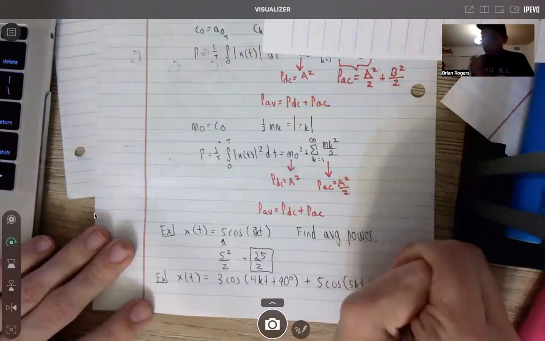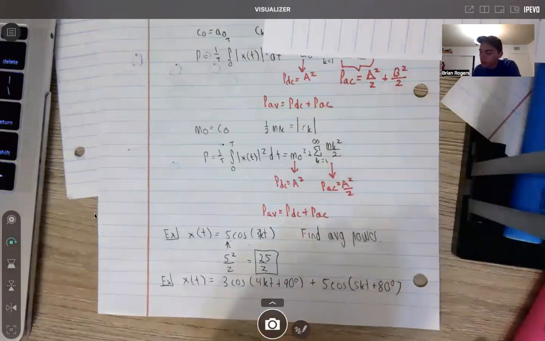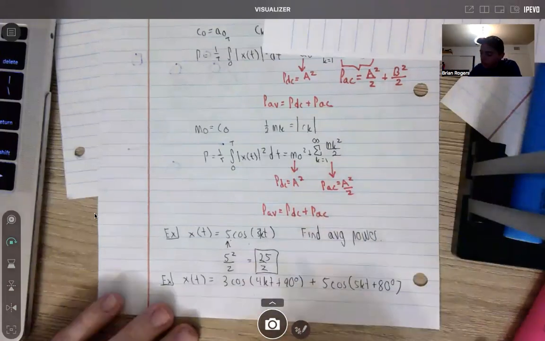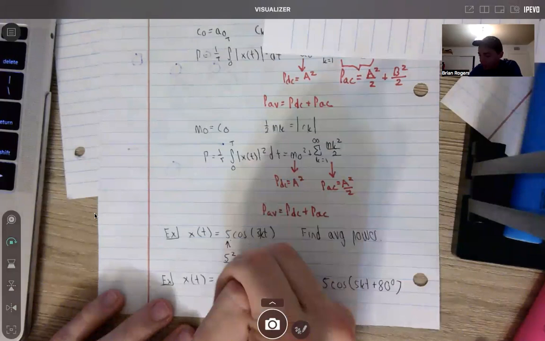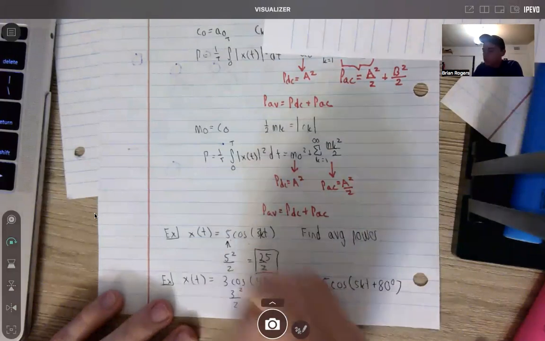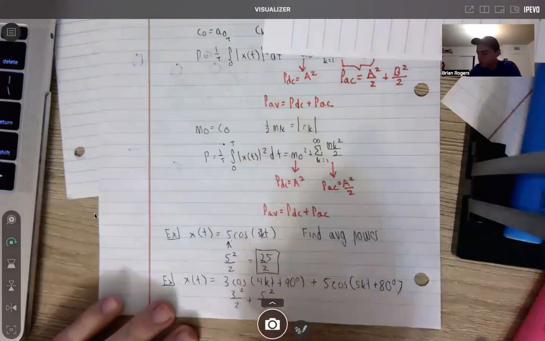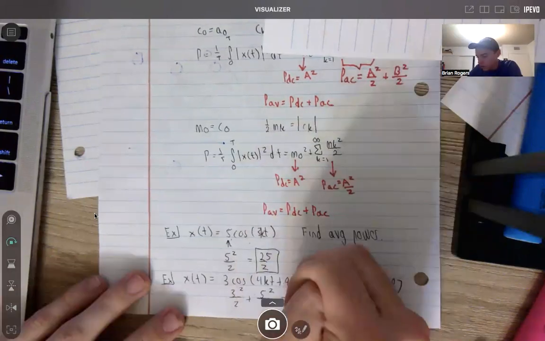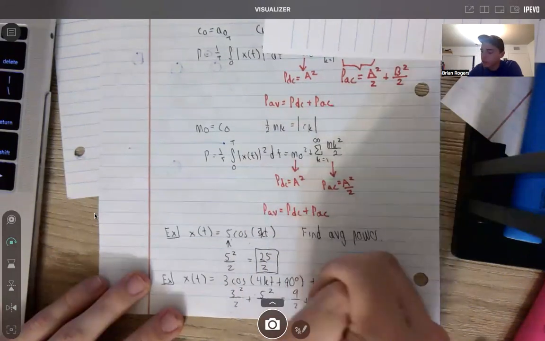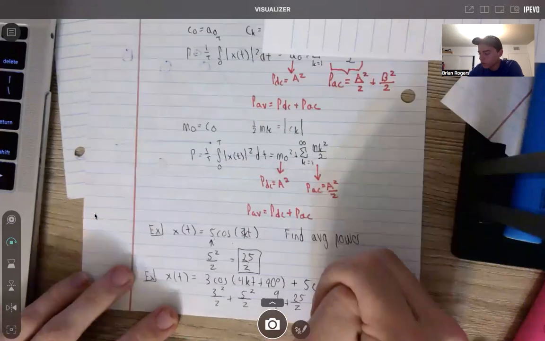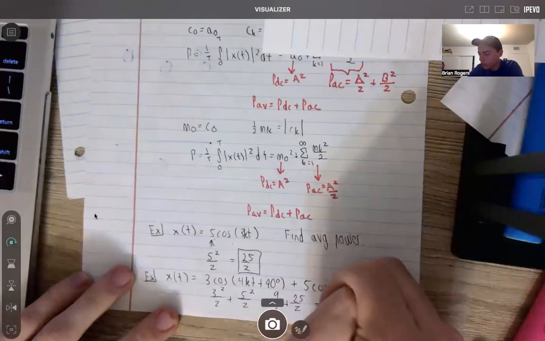Well, here you have two waveforms. They're both AC. You just take the amplitude squared, divide by 2, and you do that to both of them. So this would be 9 over 2 plus 25 over 2. That is 9 plus 25, which is 34 over 2, which is 17.